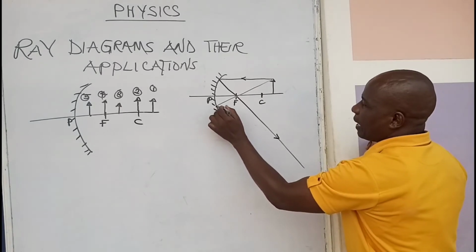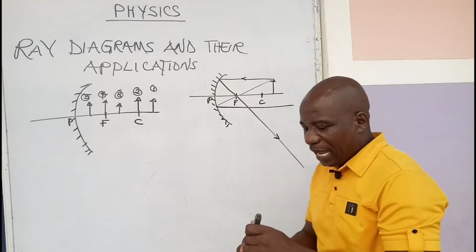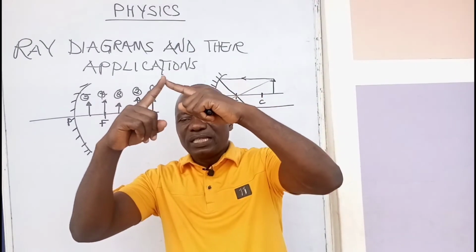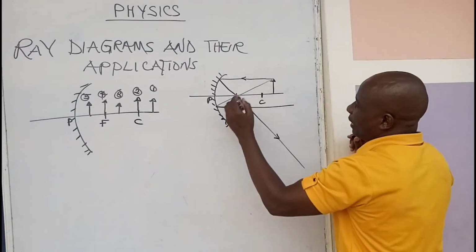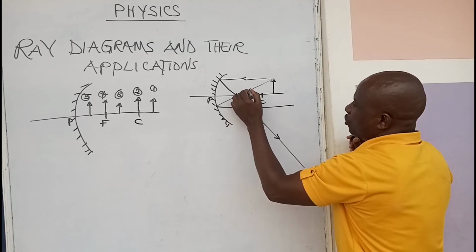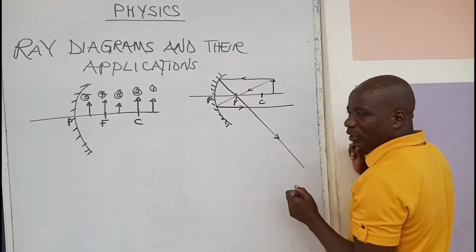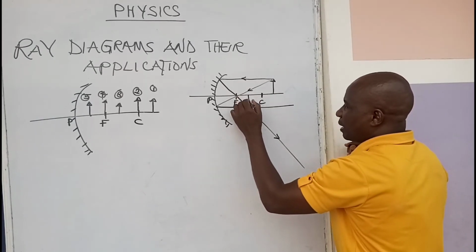It will be parallel. Are you there? So, an image is formed where there are 2 intersections of rays. Now you can see, this is one ray. This one comes this way, and it goes this way. You know I've indicated. Where did they meet? They meet here. So this is where I'm going to have my image.